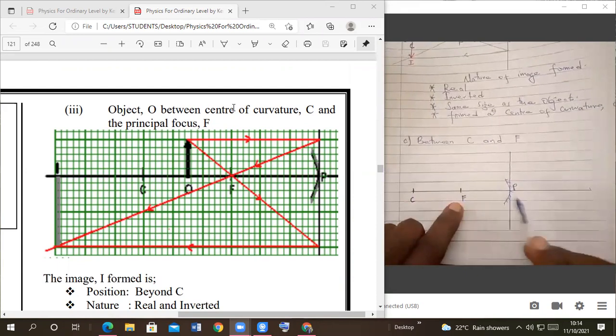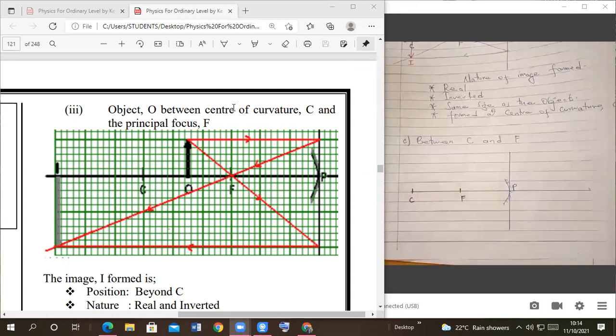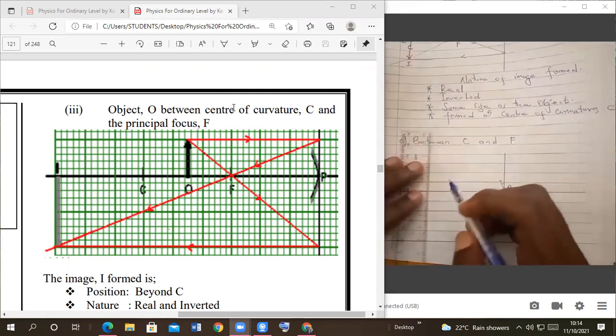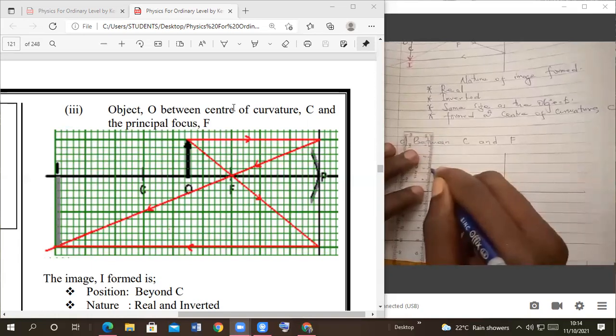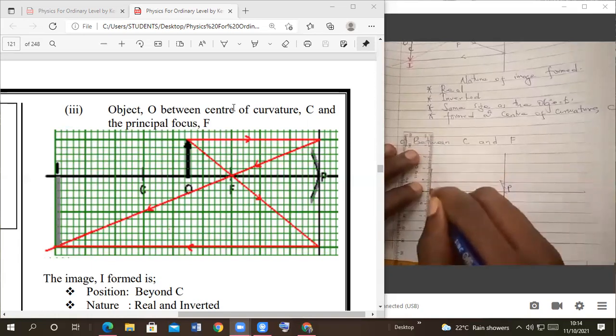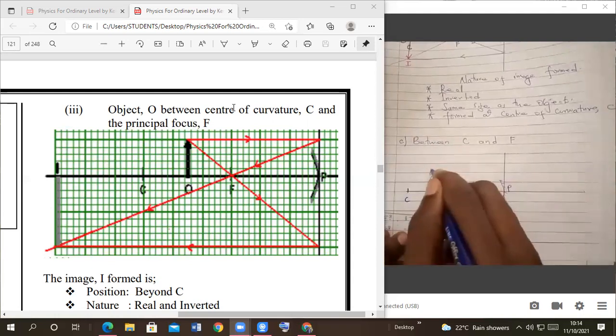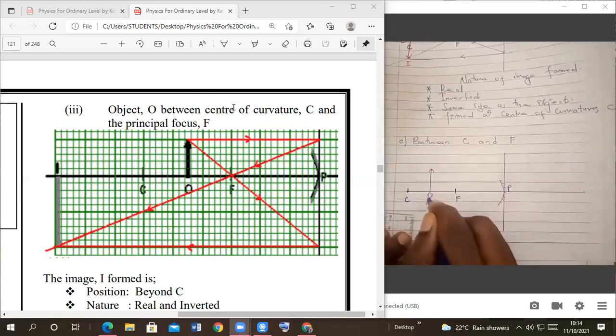Then the distance from here up to here is called what? Focal length. Good. So our object is here, members. Our object is between C and F, so I put it there like that. This is where my O is.